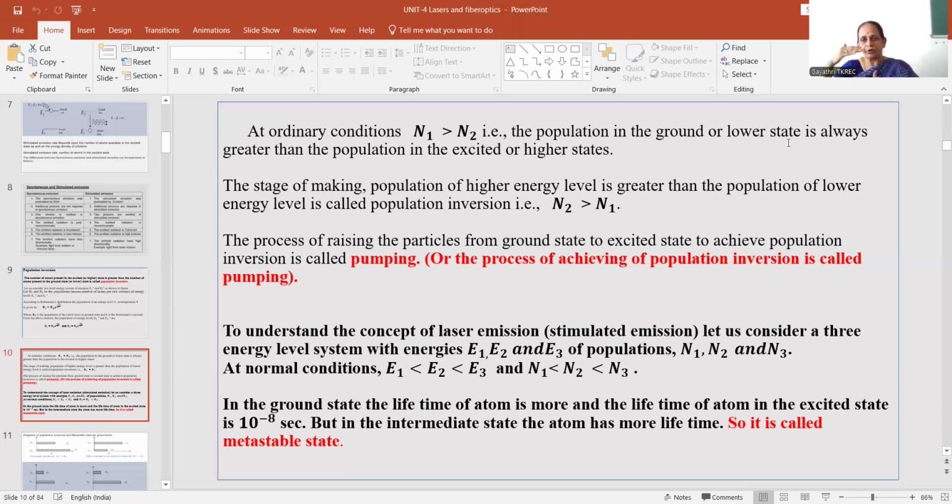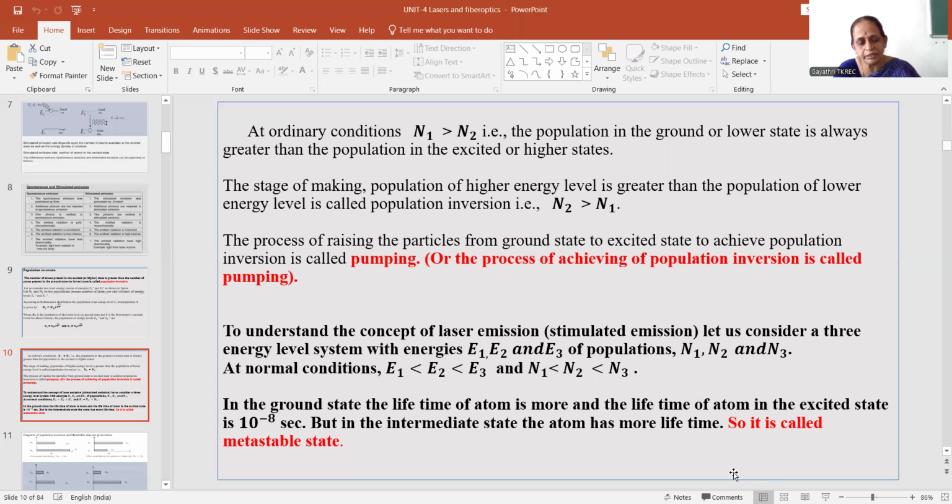Between the lower energy state and the excited state, there is an intermediate energy state called the metastable state, where the atom has more lifetime. Hence it is called the metastable state. So, the metastable state is essential in the case of lasing action.